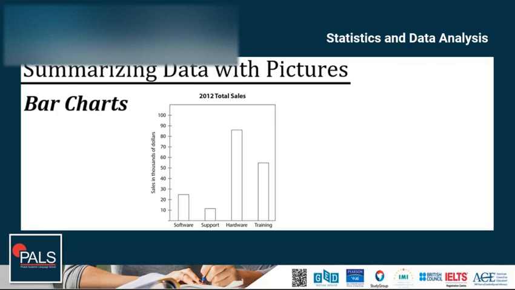You will need to understand the scaling to answer questions. Now, the sample bar chart shows the total sales of a certain electronics company in 2012, broken down by departments. The heights of the bars tell you the sales totals for each department.